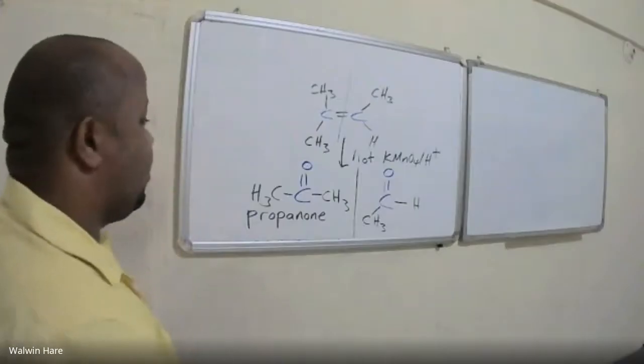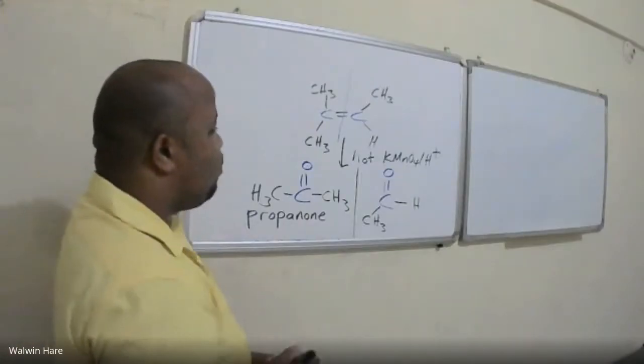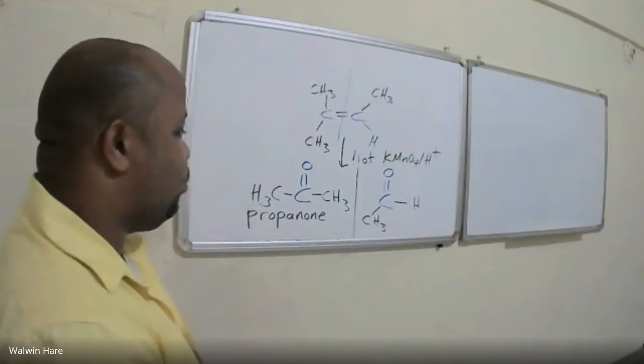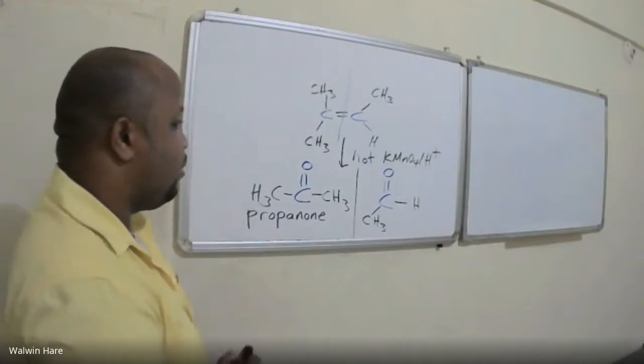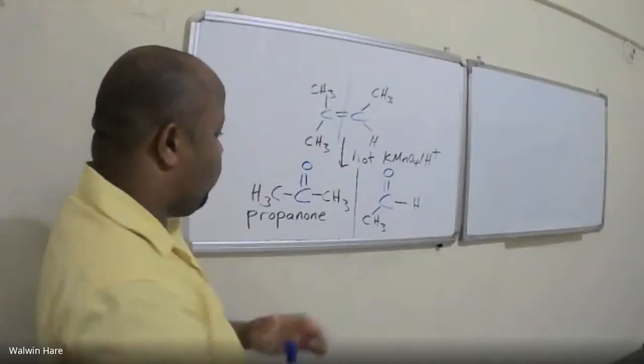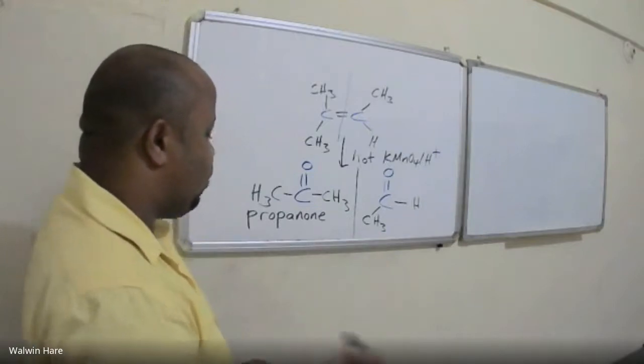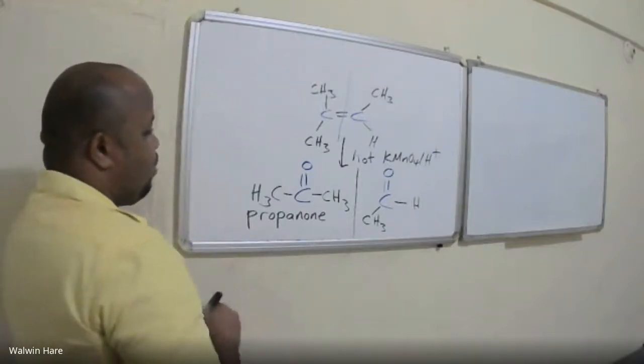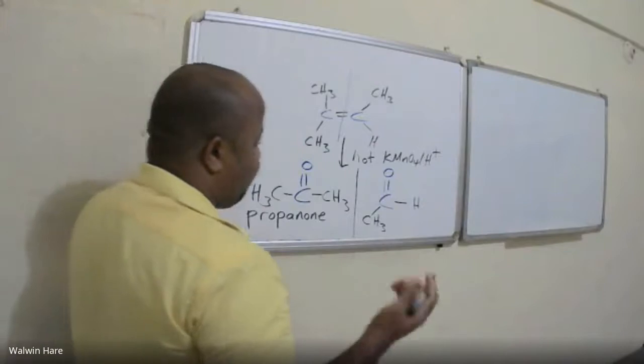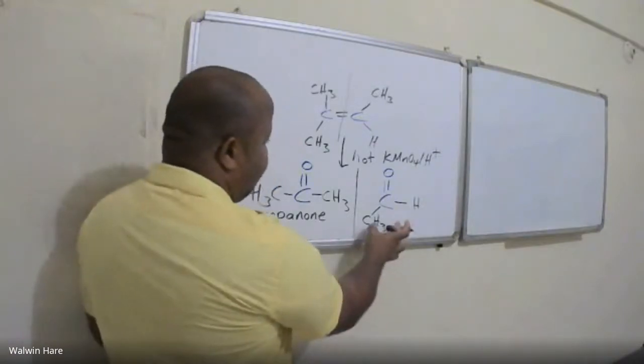Right, aldehyde. Now, if it's an aldehyde, what do we know about what will happen to the aldehyde? We will easily oxidize it to acid. That is correct. So, we will get the aldehyde, but it will be converted to the carboxylic acid. So, our final product will not be the aldehyde.